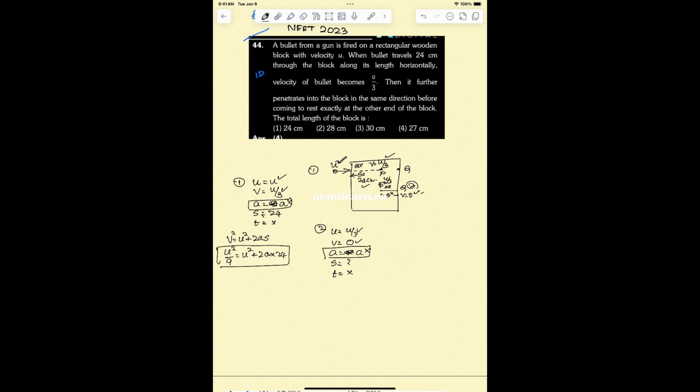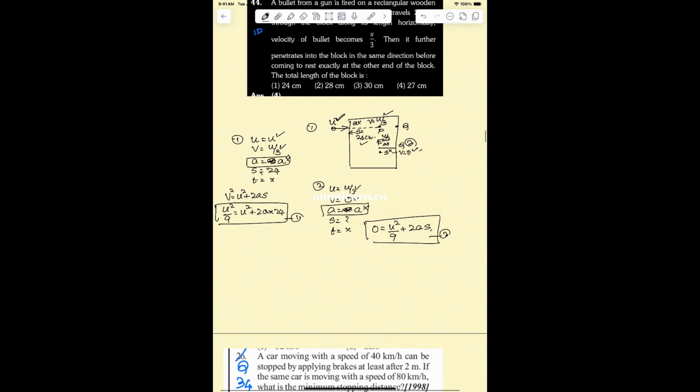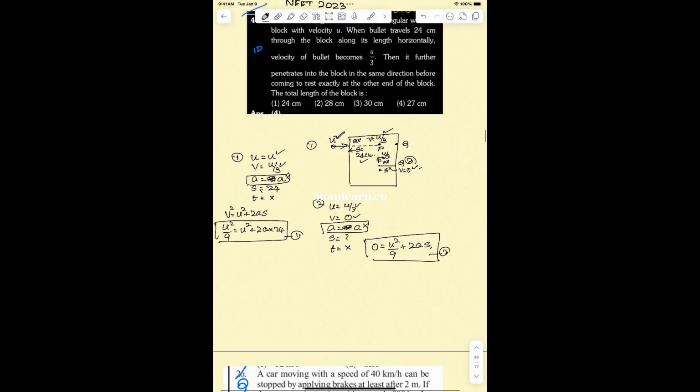Then the second equation for the second data is 0 squared equal to u squared by 9 plus 2a, same a, into s, which is unknown. Therefore, from here we have to find the s. This is the first equation and the second equation. We have to solve for s unknown between these.